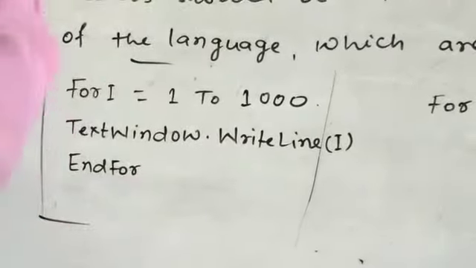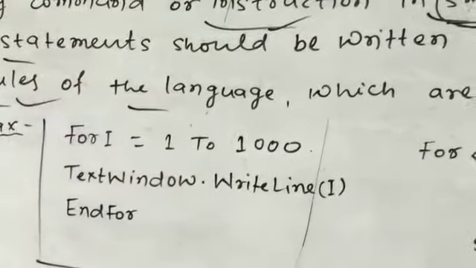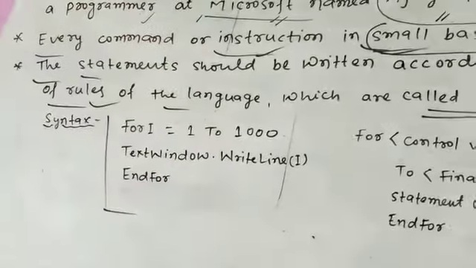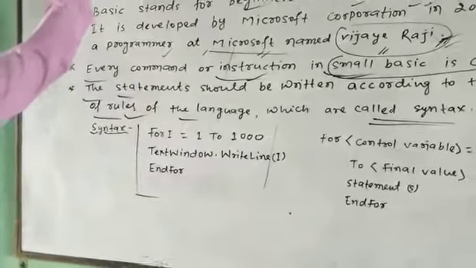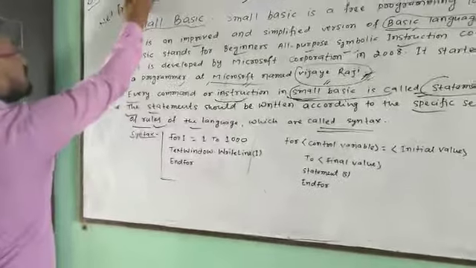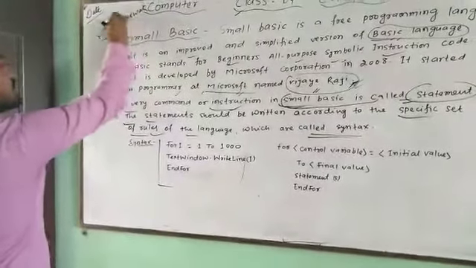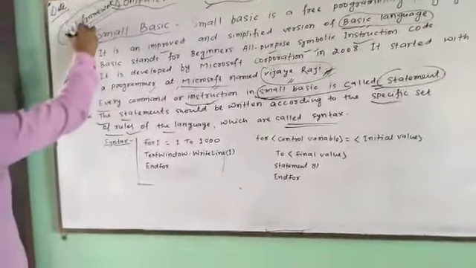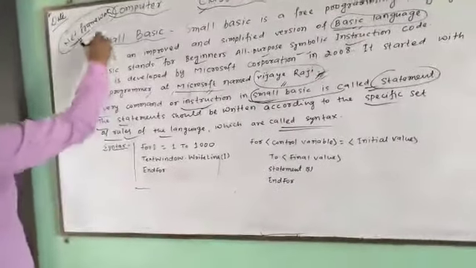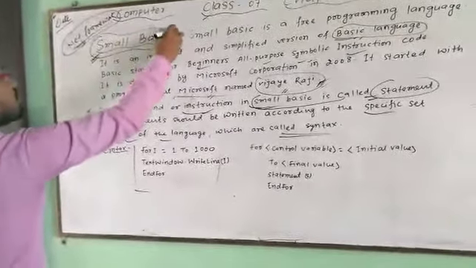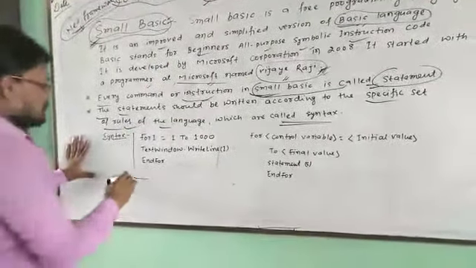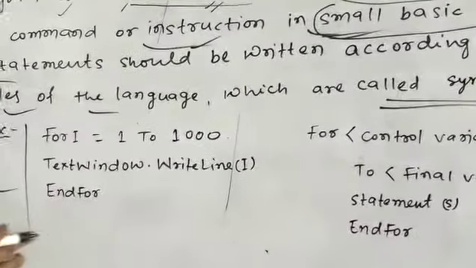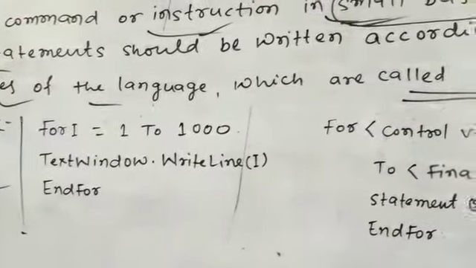First, we need the .NET Framework software installed in our system. Then after installing the .NET Framework, we install Small Basic software to write a program. So this is a small statement written inside Small Basic.